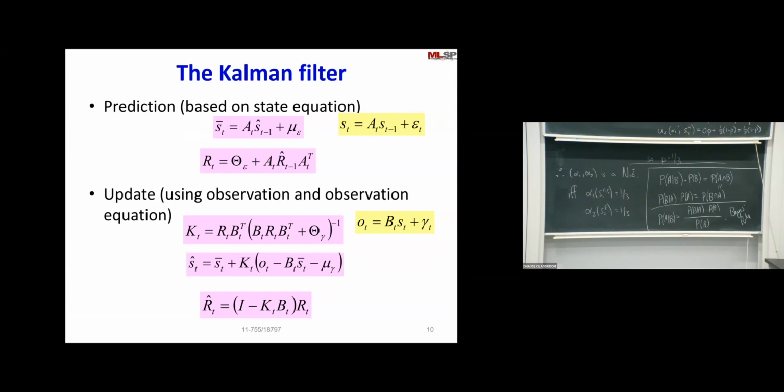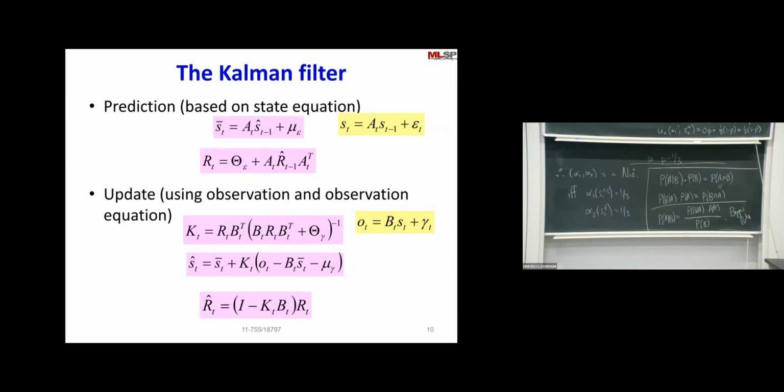Then you made an observation, O, and you had a predicted observation, O bar. The predicted observation is simply going to be B times S bar plus the mean of gamma, correct? And the actual observation is going to be O_t. So this term here is the error between the predicted observation and the actual observation.